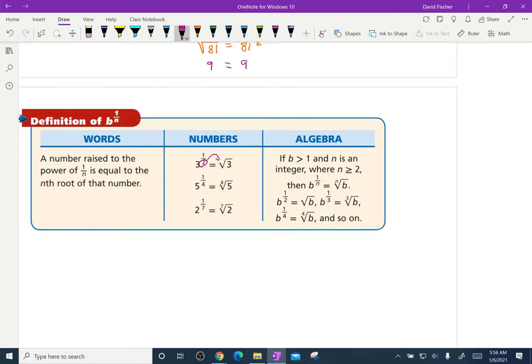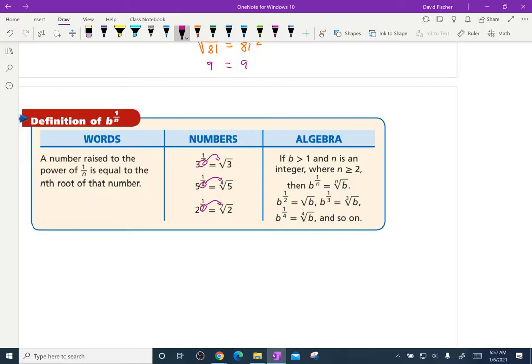I can put it out there and say, what's the square root of 3? Same thing here. I can put the 4 as my radical root and say, what's the fourth root of 5? So whenever I see a number with a fractional exponent, I'm just going to use that denominator as my root.